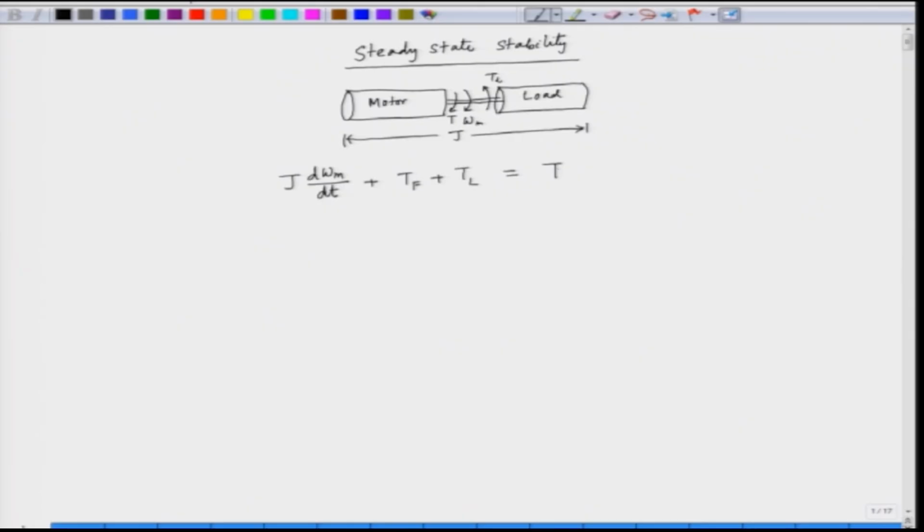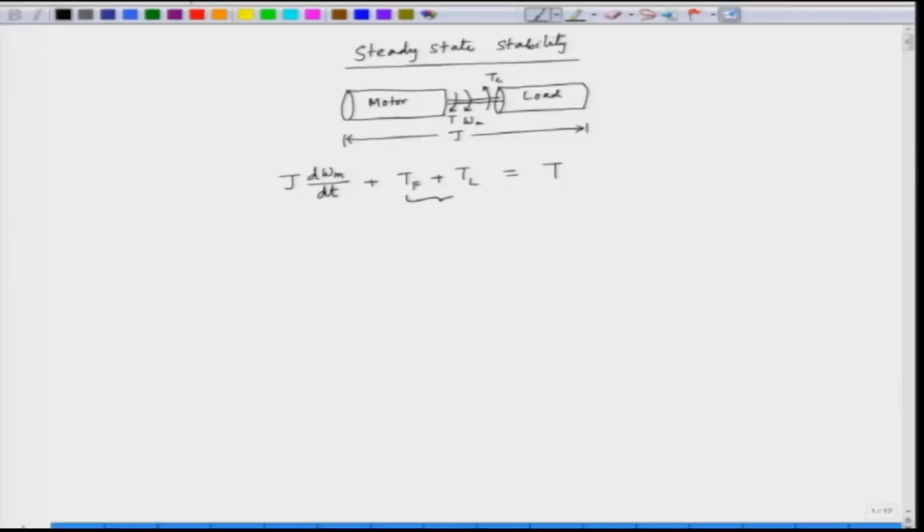Now, in this case we assume for simplicity that friction is 0, we do not have any friction, or we can include the friction with the load torque. So, this is combinedly known as the load torque T l. So, in the steady state we have d omega m by dt is equal to 0, the speed is constant.